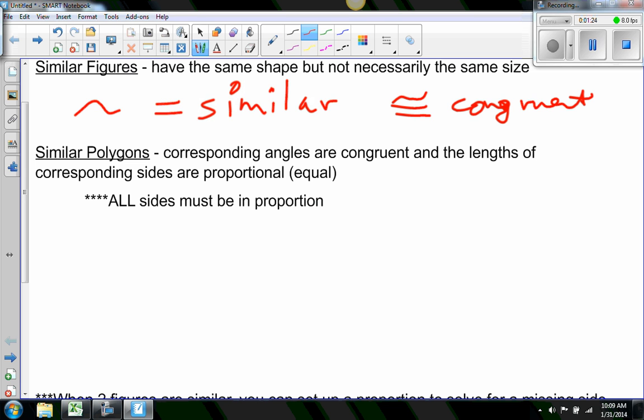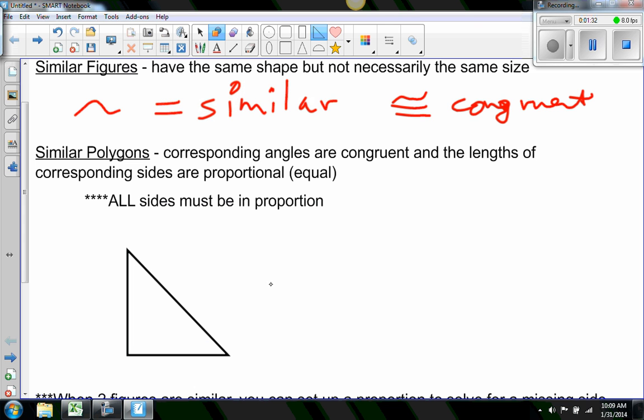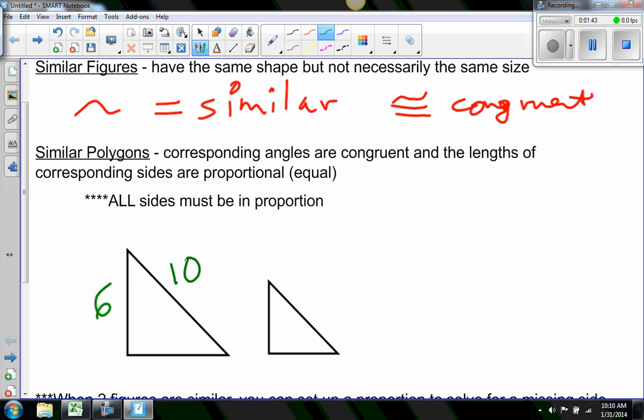So if I drew a couple of triangles here, a bigger one and a smaller one, and put some side lengths in: 6, 10, 8, and 3, 4, 6.